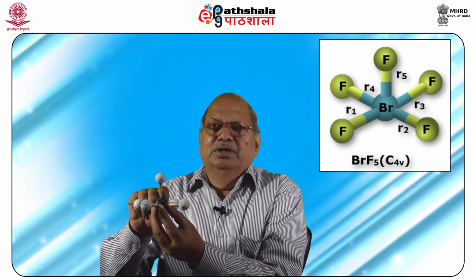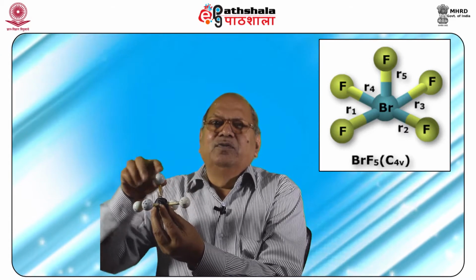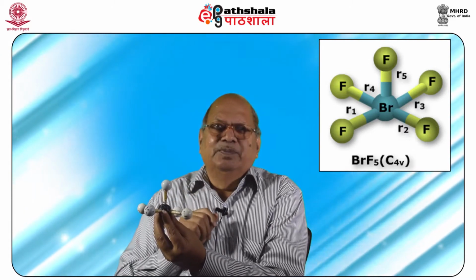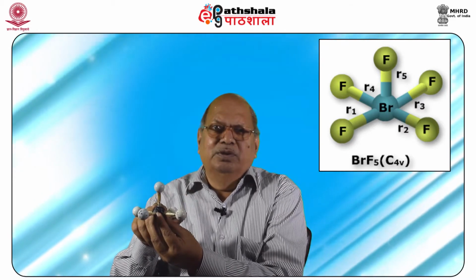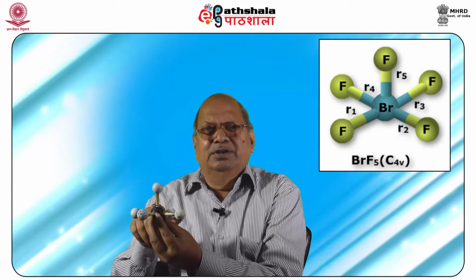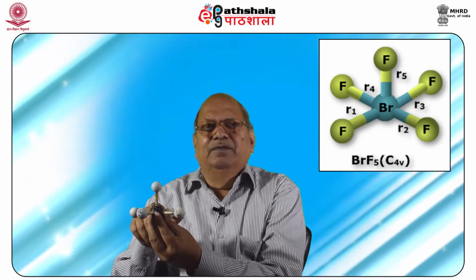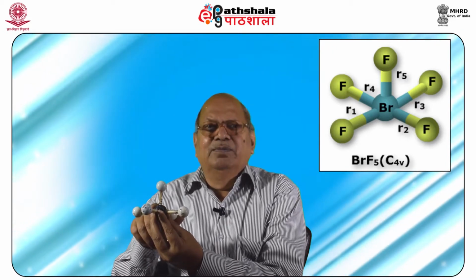I will take these 5 bond vectors as the basis and try to find the reducible representation. Again, this molecule belongs to the C4v point group, that is, it has a C4 axis and 4 σv, and I will see the effect of all these symmetry operations on the BrF5 molecule.